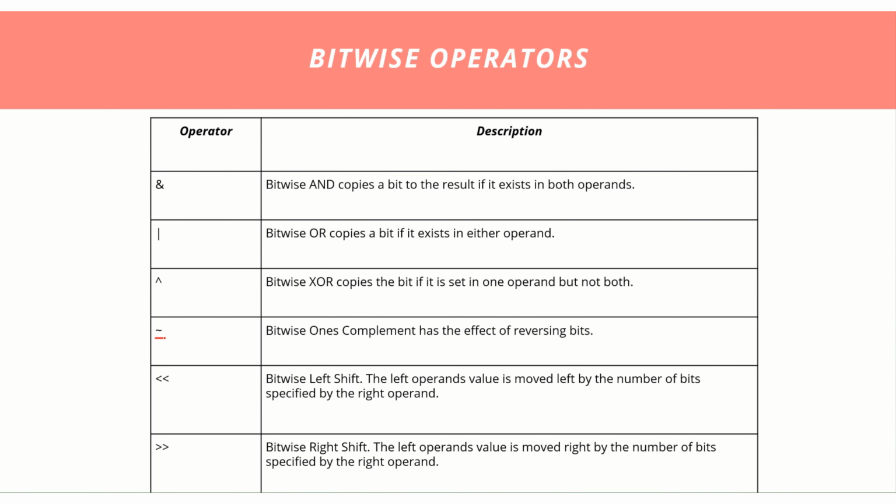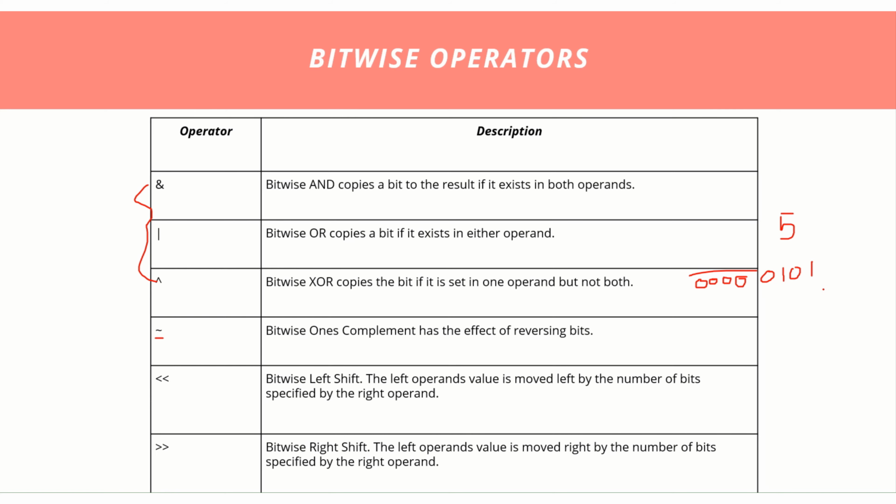Next is the bitwise NOT, which takes one number and inverts all its bits. Let's see an example. Number 5 is represented as 0, 1, 0, 1. Here we also have to take these additional zeros. In previous operations, we did not consider these bits as that was not affecting our result, but here that's going to affect.